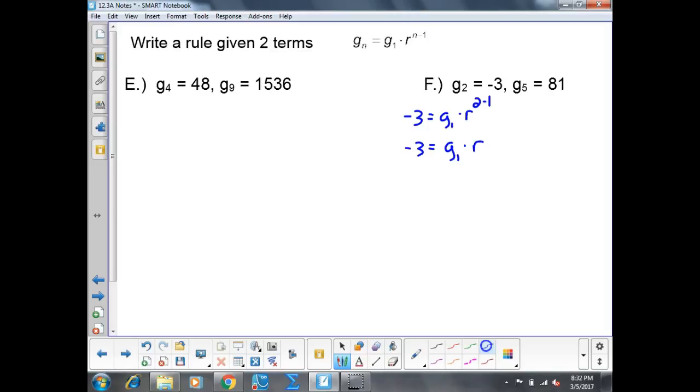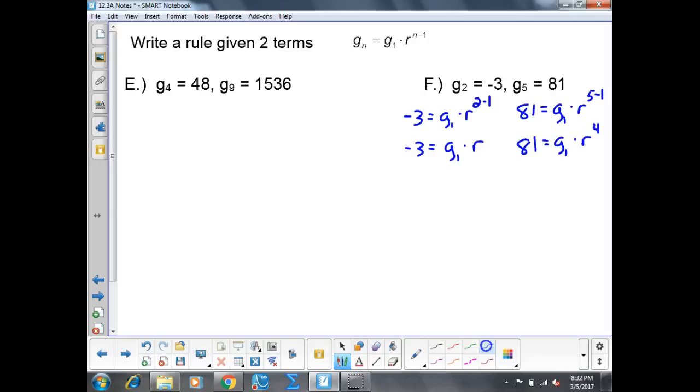Now, what I'm going to do with one of these, and the second one I should just do right away, 81, that's a wake-up call for you, is G sub 1 times r to the 5 minus 1 power, or 81 equals G sub 1 times r to the 4th power.